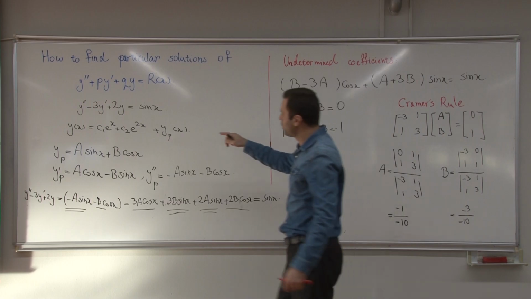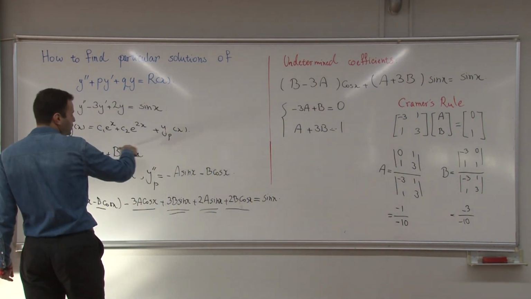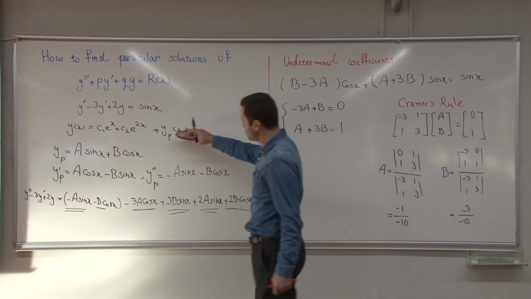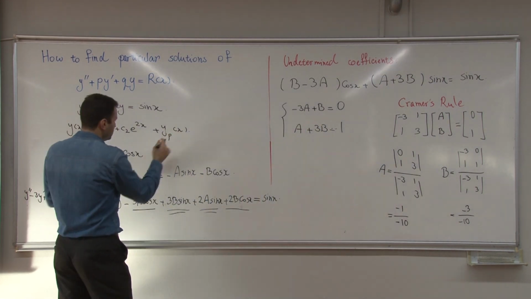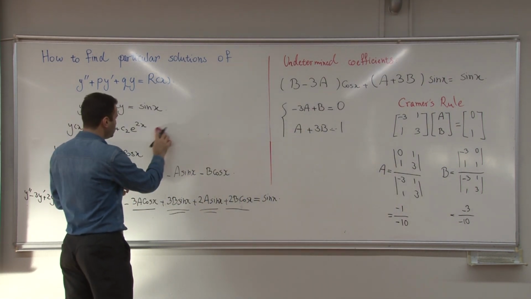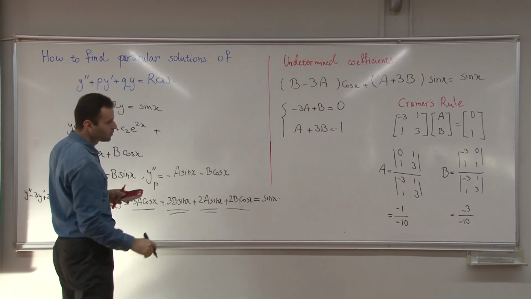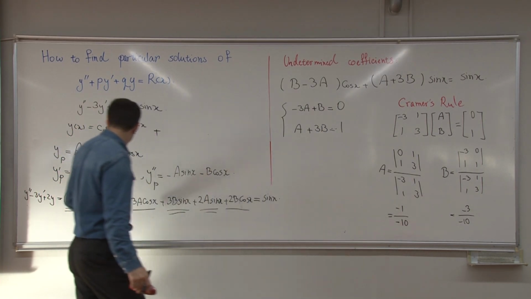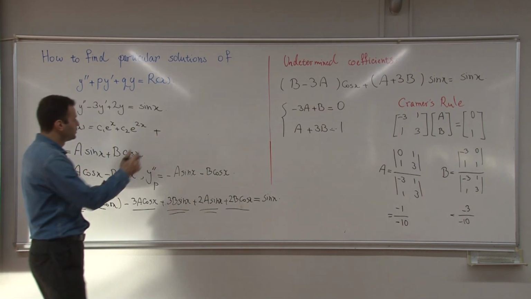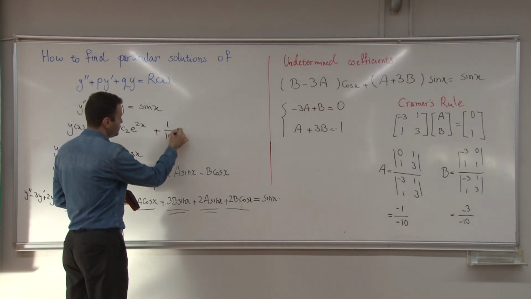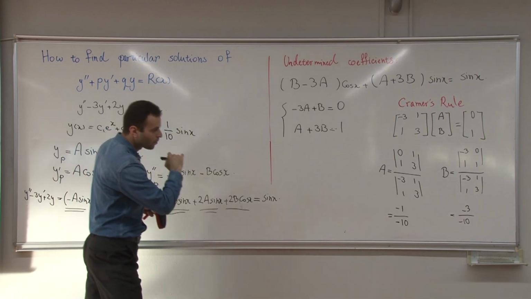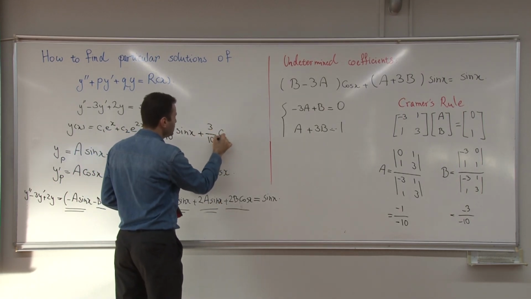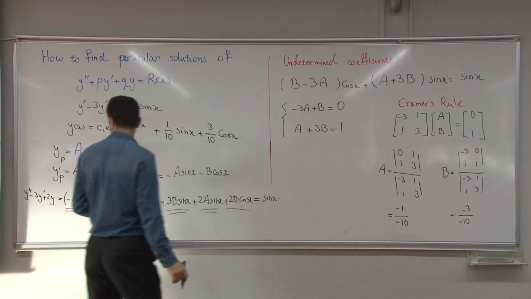So if you come back to our equation here, this yp here is going to be equal to what? 1 over 10 sine of x plus 3 over 10 cosine of x.